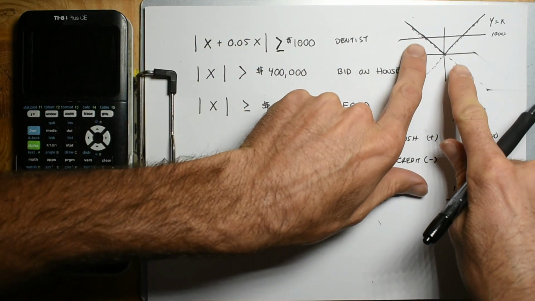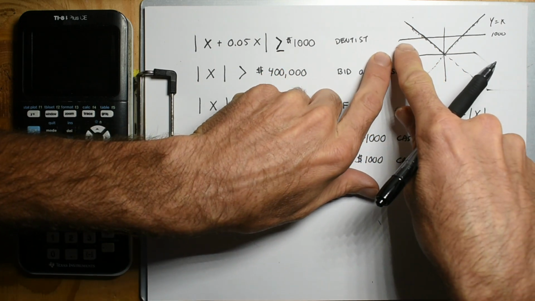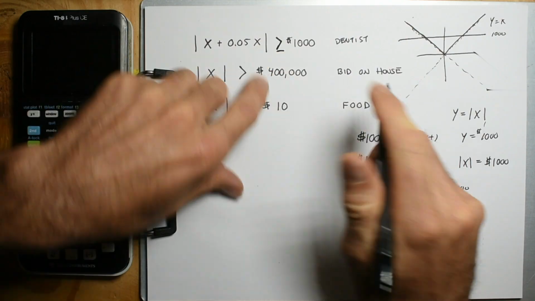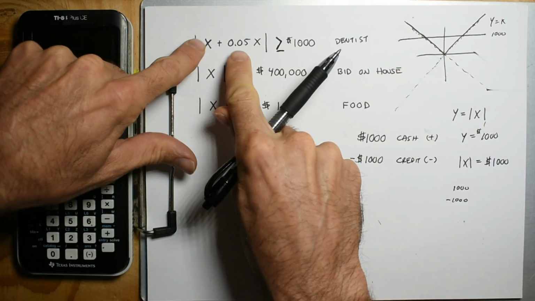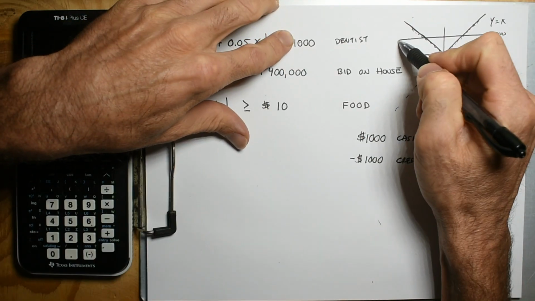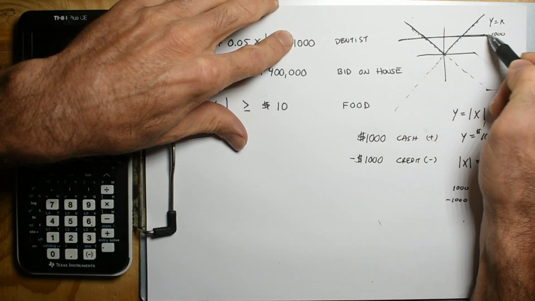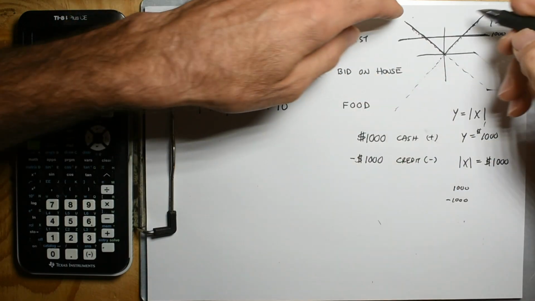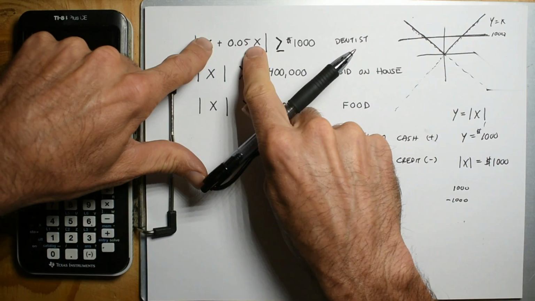Anyway, so we have this $1,000, and now what does this inequality say? It says that this side has to be greater than this constant. So this line is going to be our constant of $1,000, and this side has to be greater. This is the equation that represents that side.